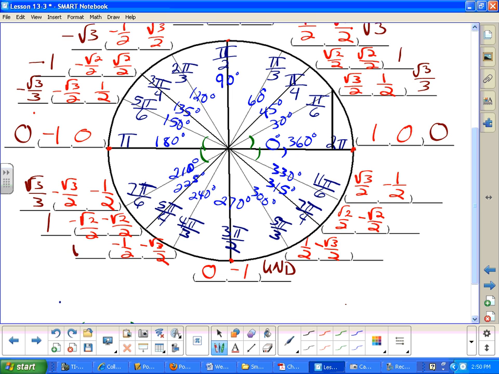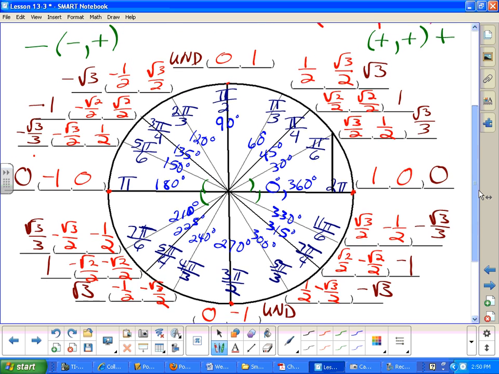Positive 1, positive square root of 3. Fourth quadrant, negative square root of 3, negative 1, negative square root of 3 over 3. And there's your unit circle. So that's what you have to memorize right there.